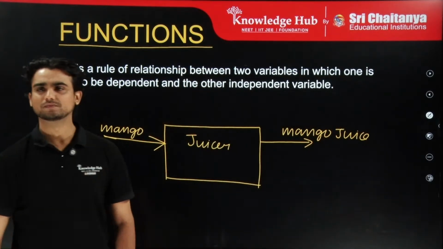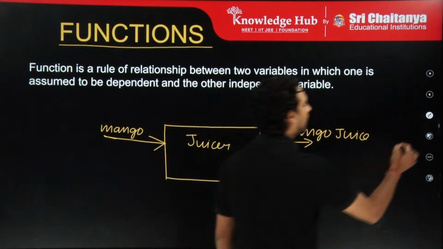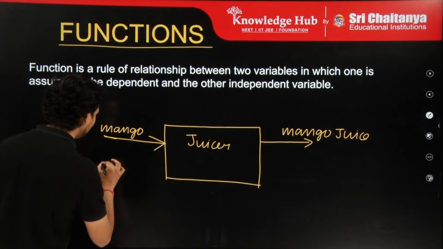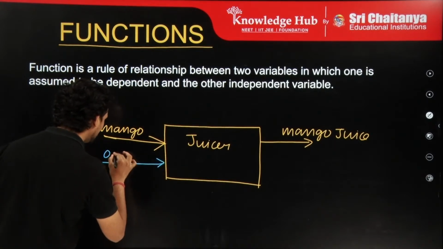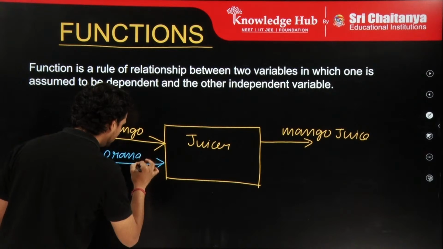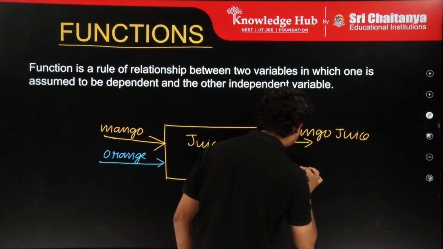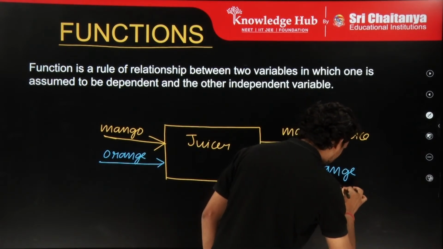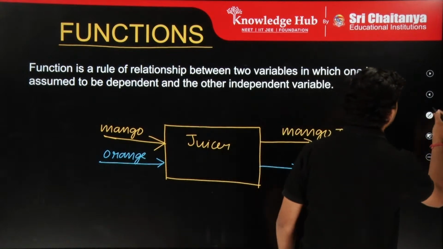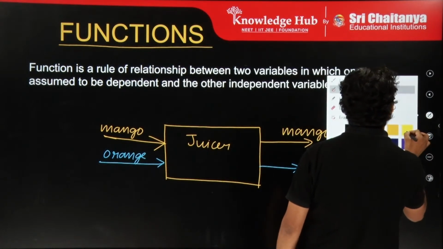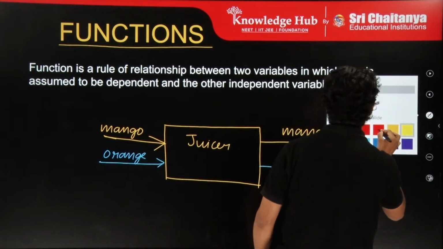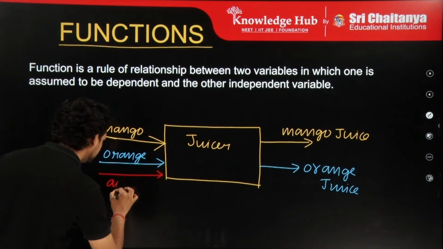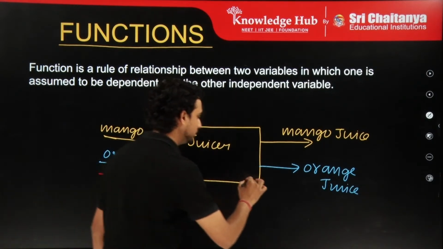Now, let's suppose I want to drink apple juice or orange juice. If I want to drink an orange juice, I'll insert orange, and I'll get an orange juice. Let's suppose I want to drink apple juice. I will give an input of apple, so I'll get an apple juice.